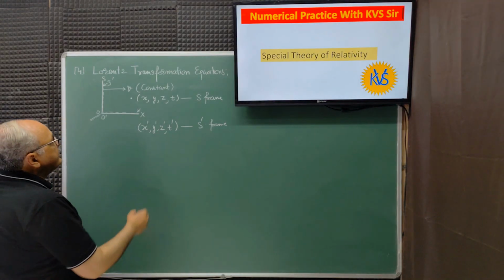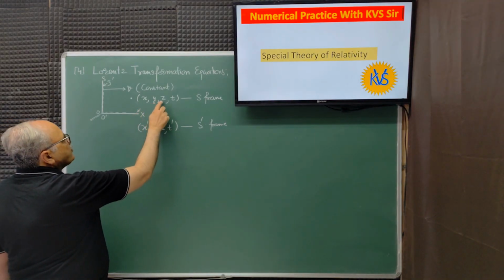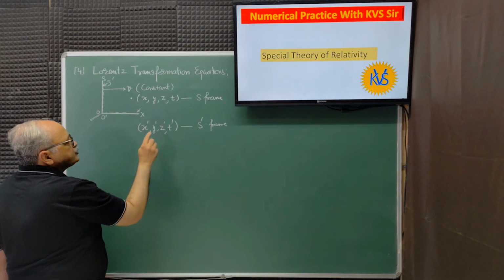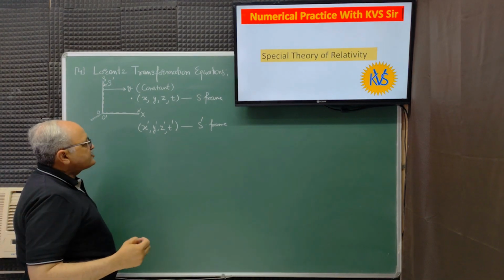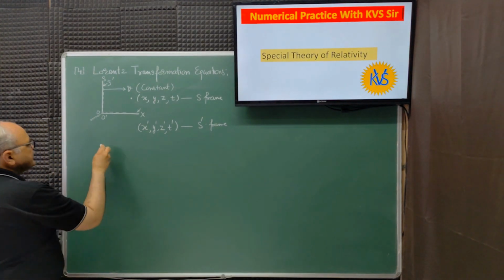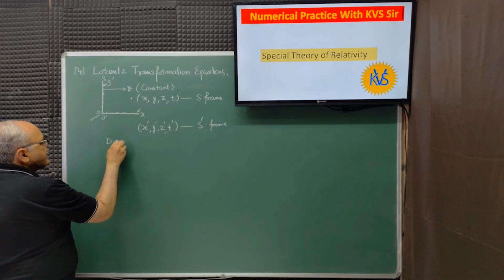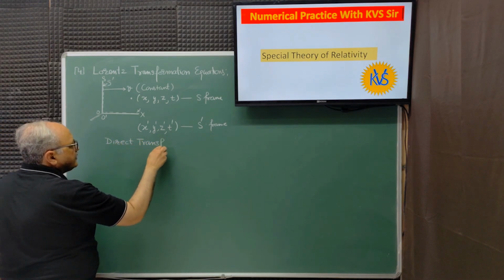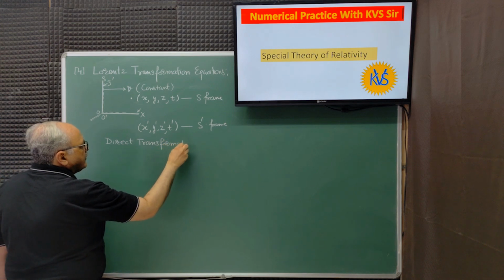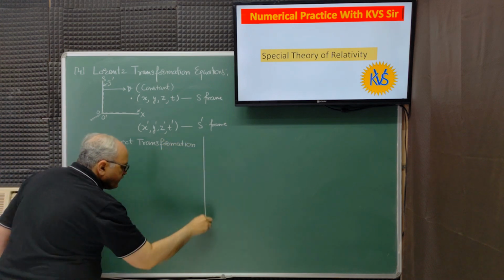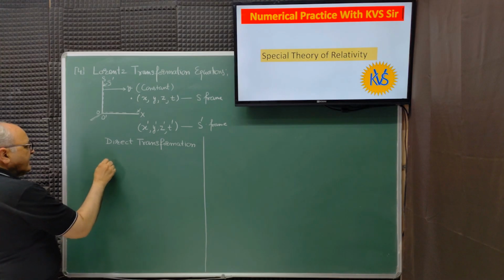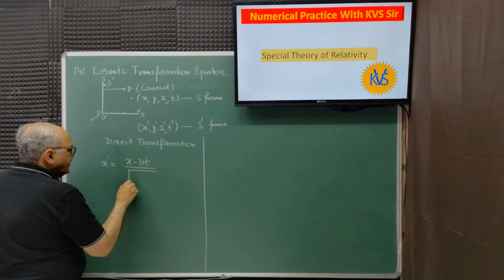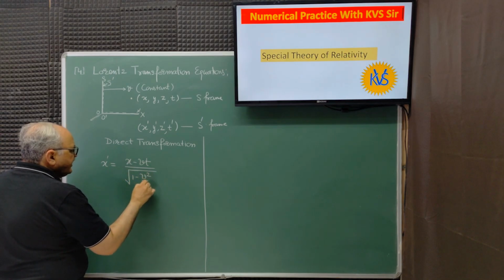So if we are given the information for x, y, z and t, and we are looking for the values of x dash, y dash, z dash and t dash, we call these transformation equations the direct transformation equations. And x dash is equal to x minus vt divided by under root of 1 minus v square by c square.